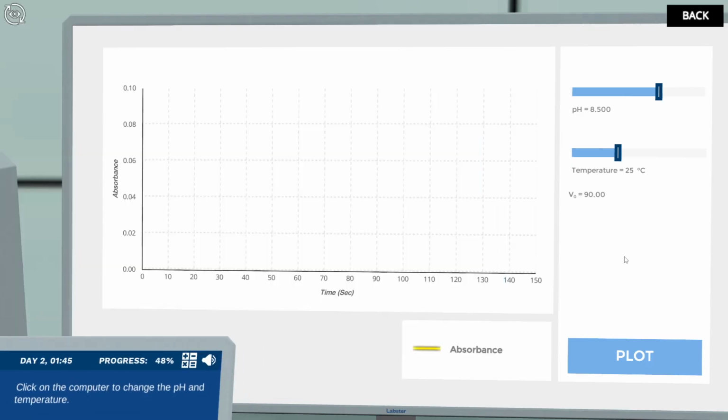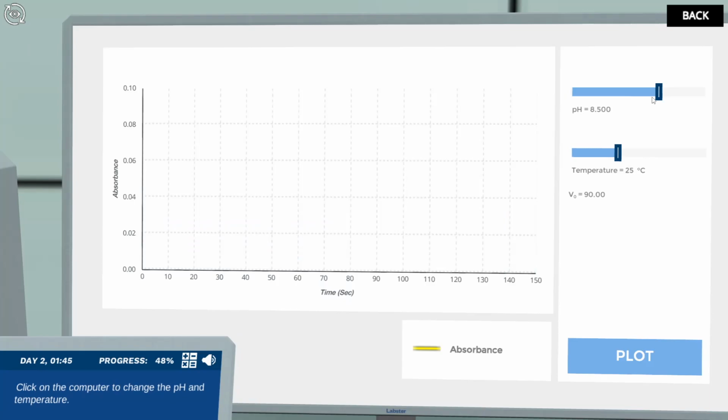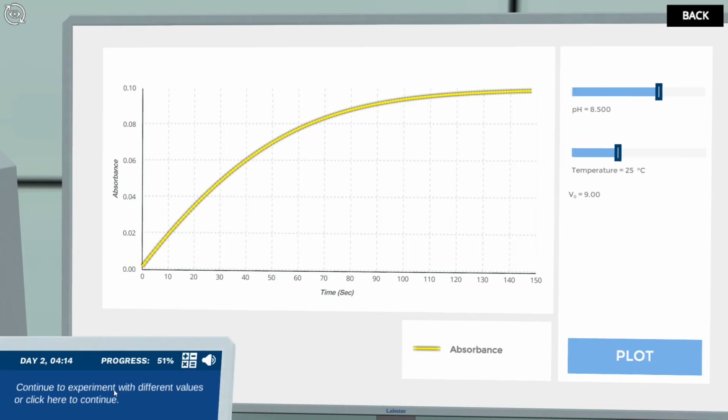Click on the computer to change the pH and temperature. Continue to experiment with different values or click here to continue.